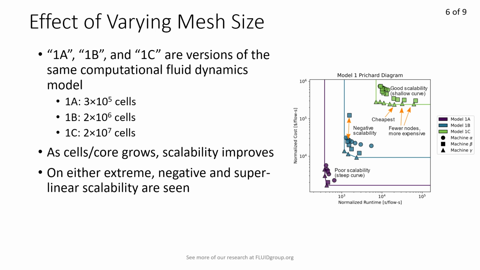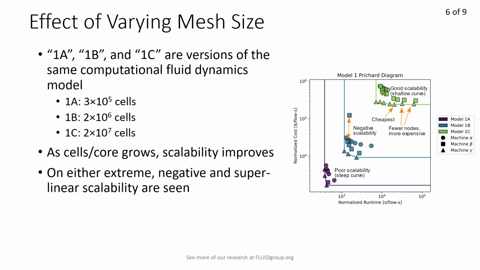Whereas for the model with the fewest cells, model 1A, the Pareto front is nearly a vertical line, which means that it takes a lot of additional cost, a lot of vertical movement, to get very little additional speed or horizontal movement. On the other end of the spectrum, model 1C, we see a horizontal line, where it takes very little additional cost in order to get a lot more speed. This is because of greater scalability at higher cells per core.